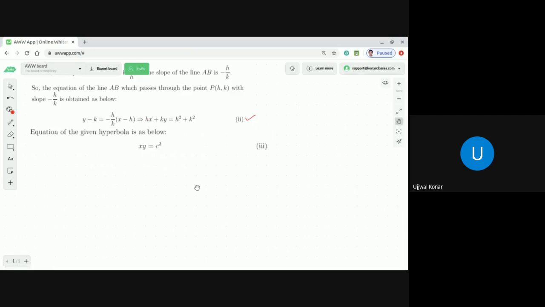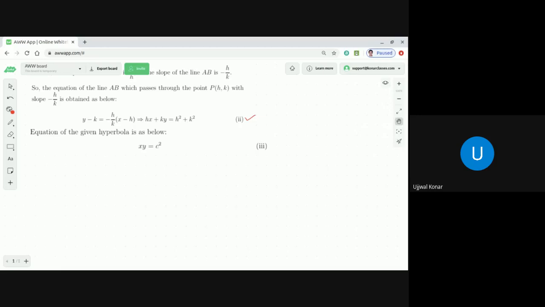Now if you look into the question, equations 2 and 3: if we solve equations 2 and 3, we get the coordinates of the points A and B. Correct or not? Equation 2 represents the equation of the line AB, and for xy equal to c square, we know AB is a chord.